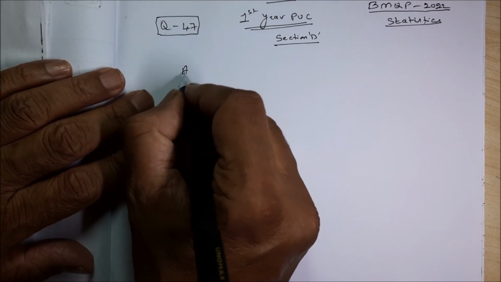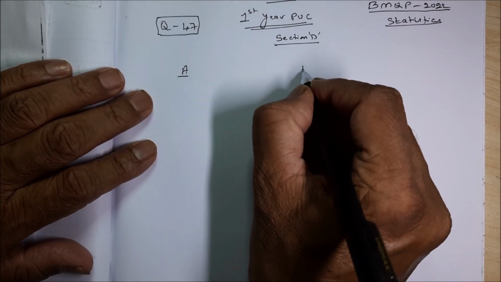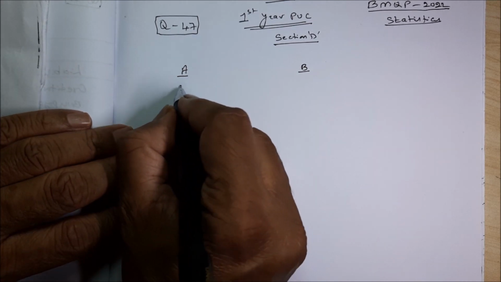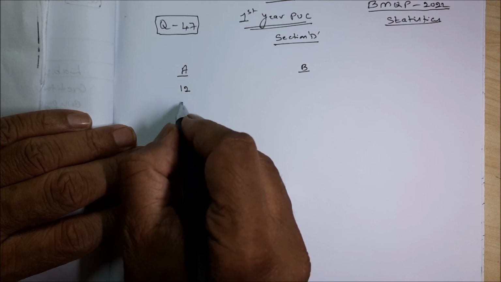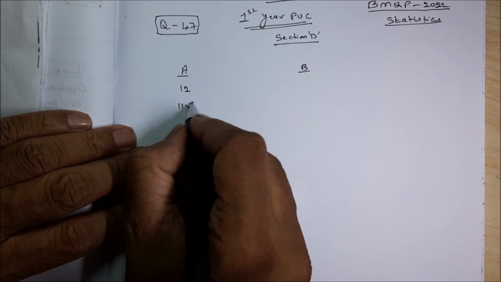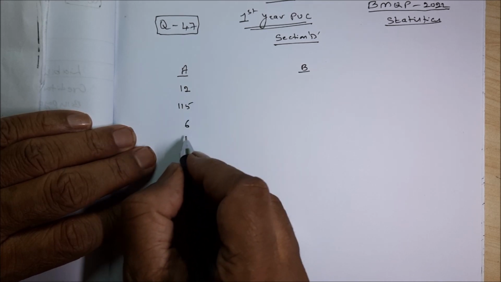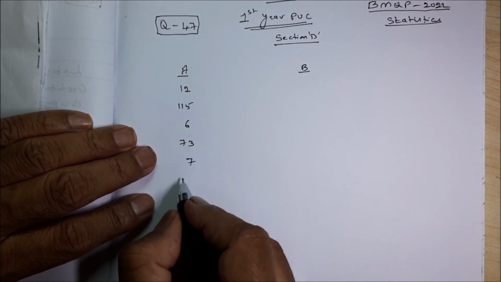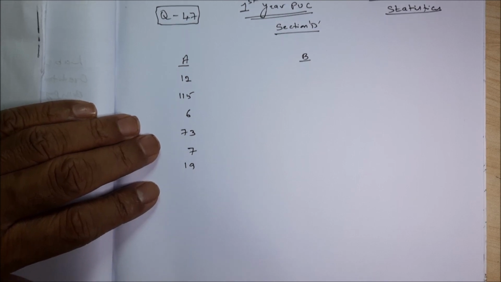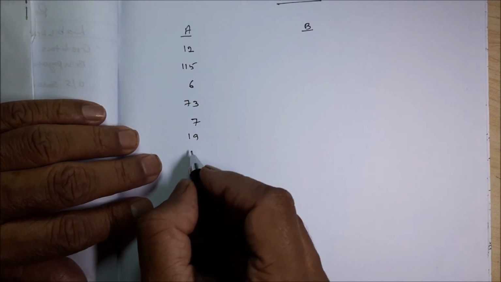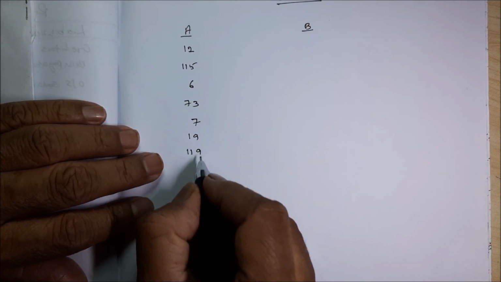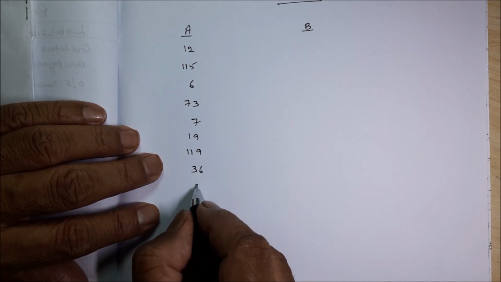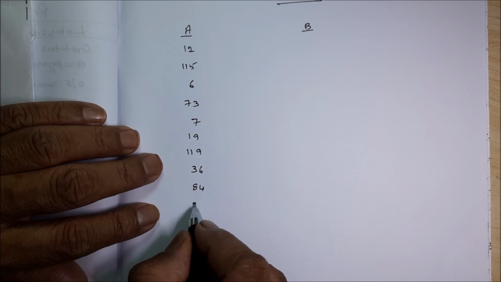A, then B. A: 12, 115, 6, 73, 7, 19, 119, 36, 84, 29.